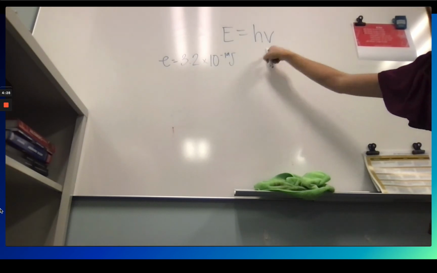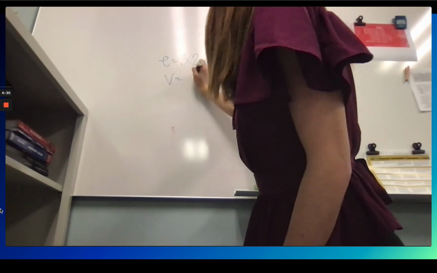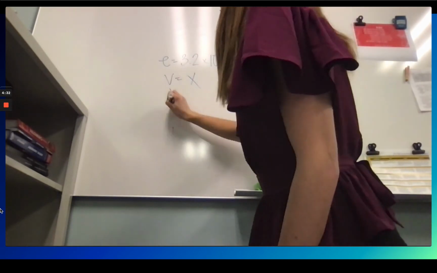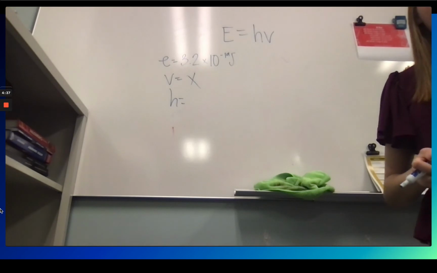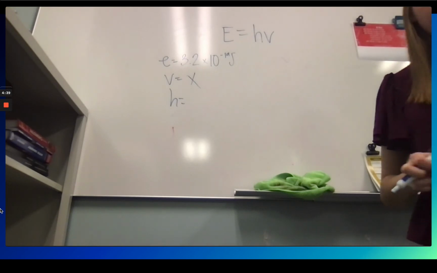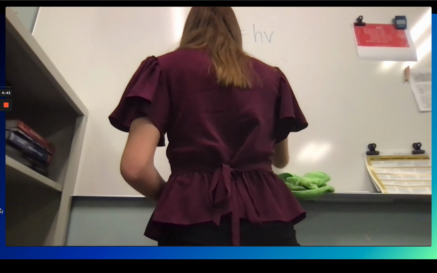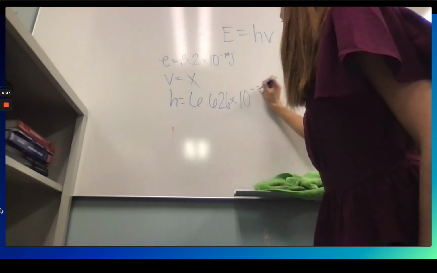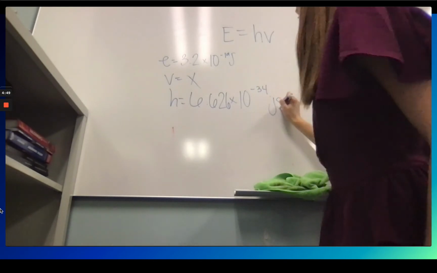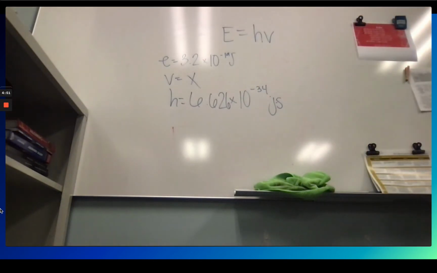We are looking for our frequency, so our v is our x, or our question, and we know Planck's constant. It's just something that's always the same, and Planck's constant is going to be 6.626 times 10 to the negative 34 joules times seconds.